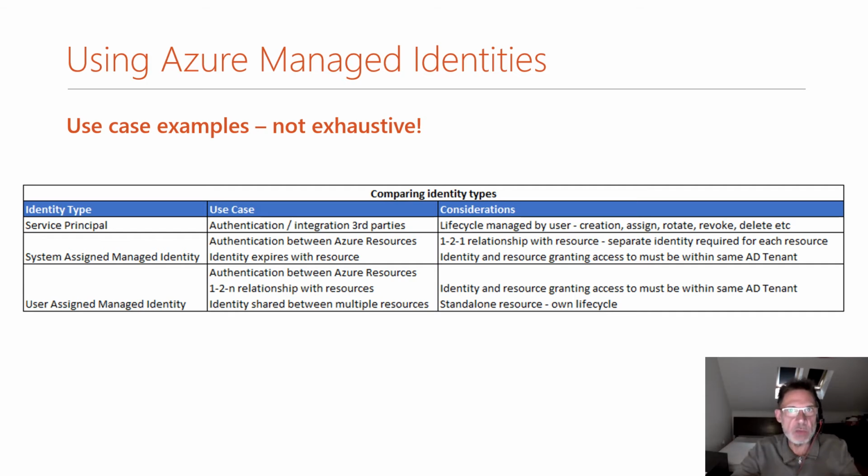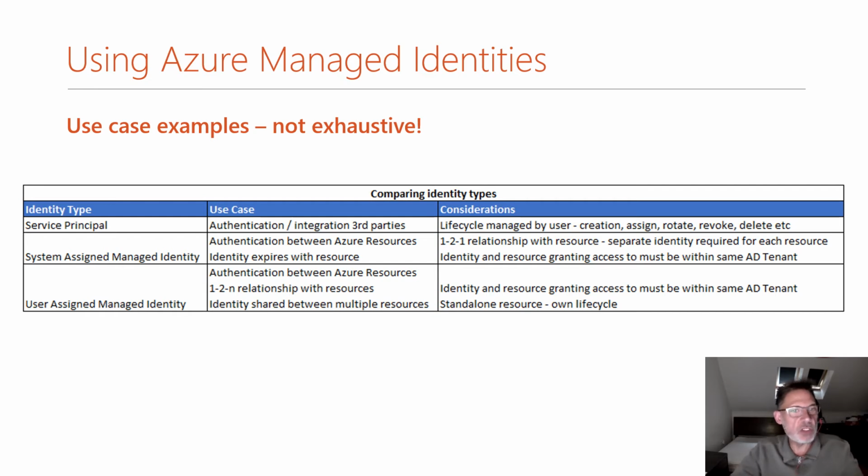There's an overhead with the management of the life cycle of that service principal: the creation, assignment, rotation, revoking the service principal and deleting it, etc. That can be quite complex, and whoever's doing this has probably got better things they'd rather be getting on with than managing accounts.